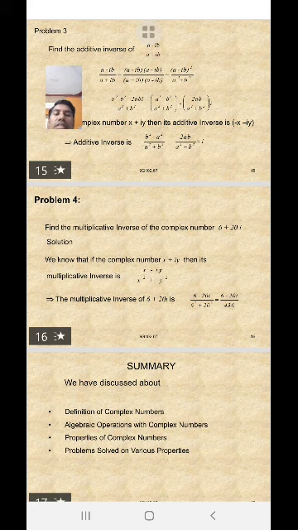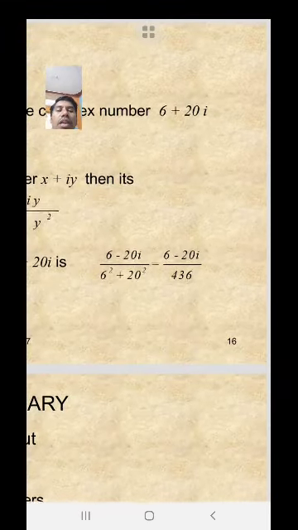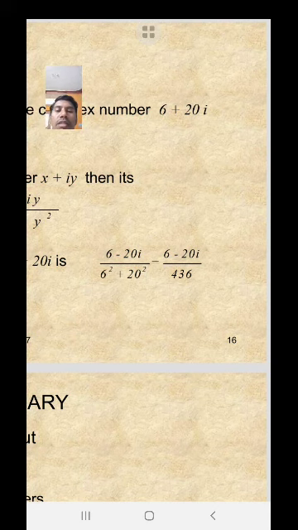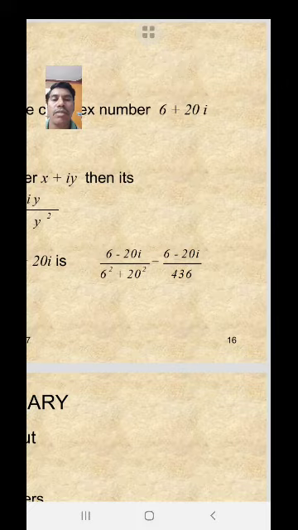That equals to 6 minus 20i by, 6 square means 36 and 20 square means 400, so 436. This is the multiplicative inverse of the 6 plus 20i.